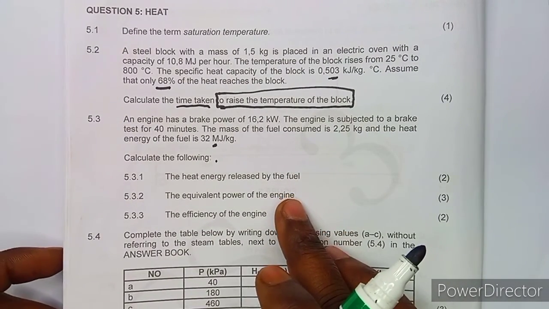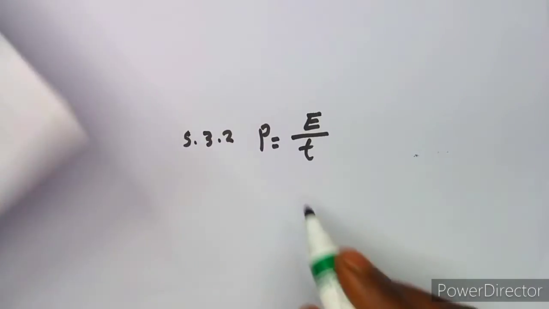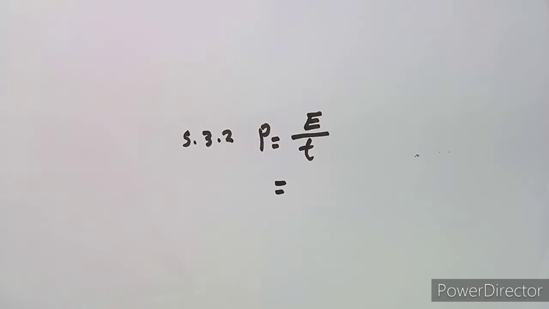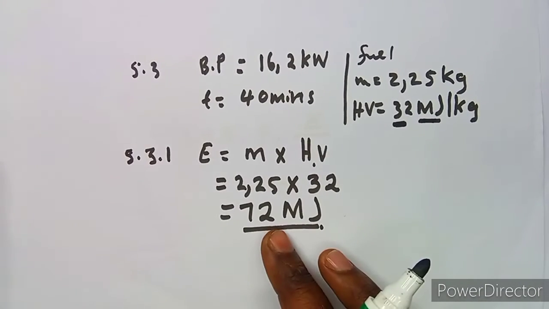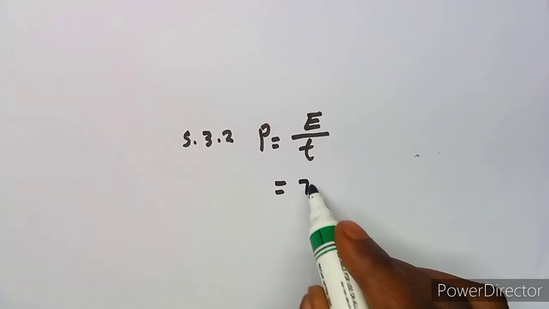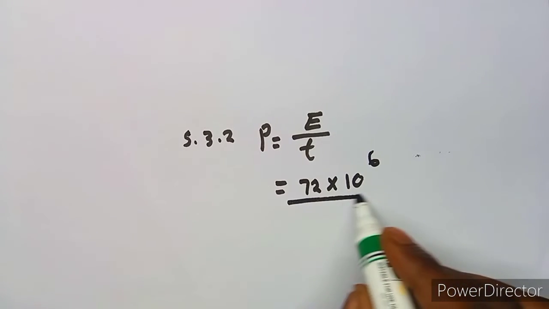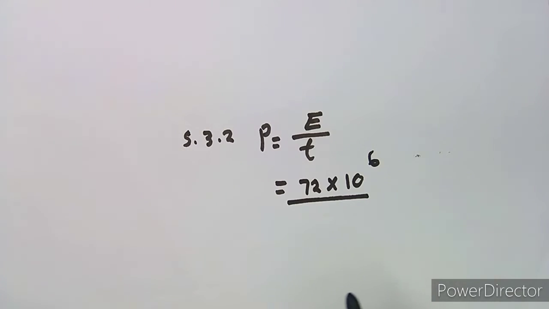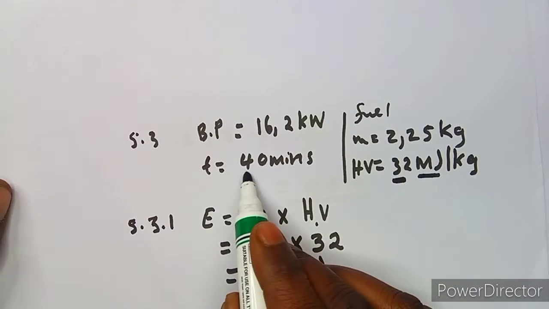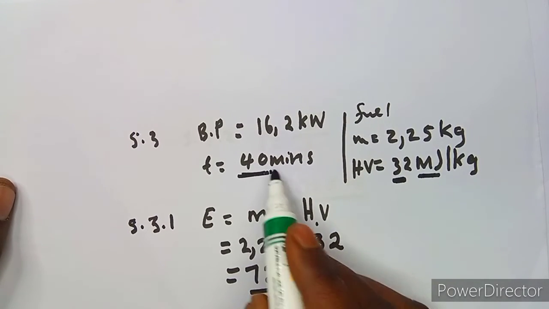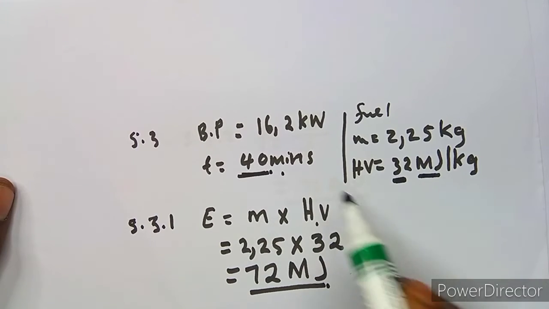So what are we having here? The heat energy released by the fuel, we obtained it as 72 megajoules, which is 72 mega, I told you, times 10 to the power of 6, over the time which was taken, which is 40 minutes. Remember how you convert minutes to seconds.